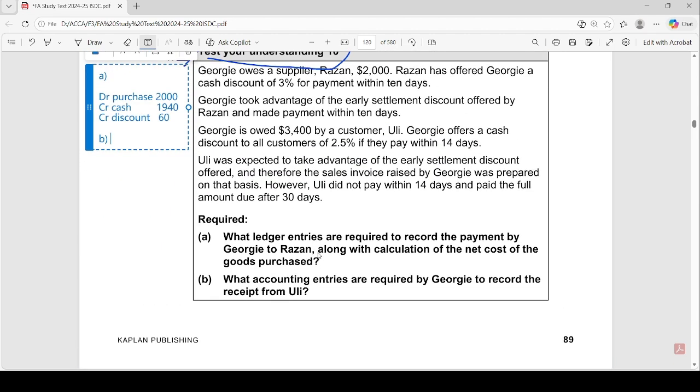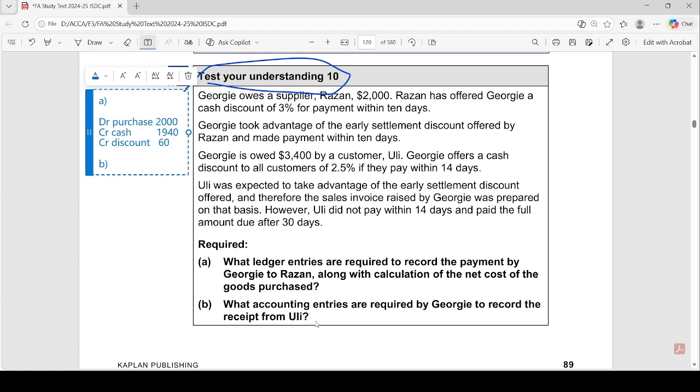What about B? What accounting entries are required by Georgia to record the receipt from Uli? Georgia is owed $3,400 by a customer Uli. Georgia offers a cash discount to all customers of 2.5% if they pay within 14 days. Uli was expected to take advantage of the early settlement discount offered.